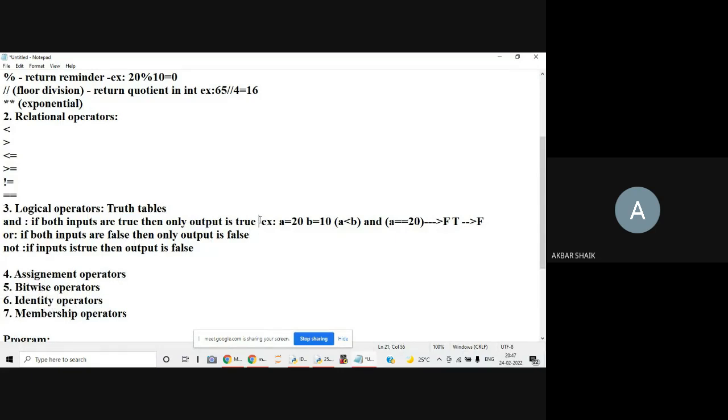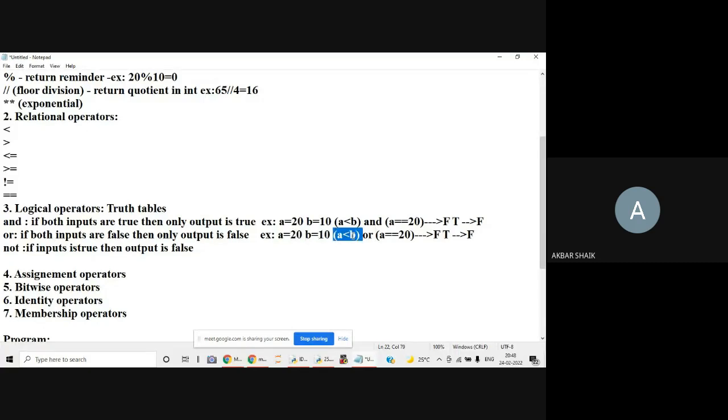Coming to this example, we'll apply it for logical OR. So here instead of AND, we can write OR. A equals 20, B equals 10.